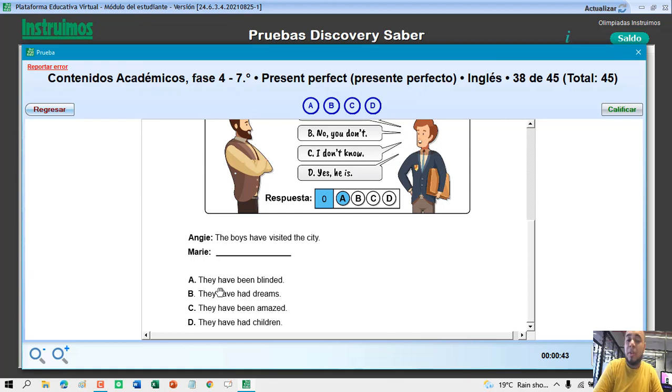A option. They have been blinded. Ellos han sido cegados. No, I don't think it is, right? Or the B option, which is they have had dreams. Ellos han tenido sueños. No tiene nada que ver, ¿cierto que no? Or we can have here in the C option, says they have been amazed.